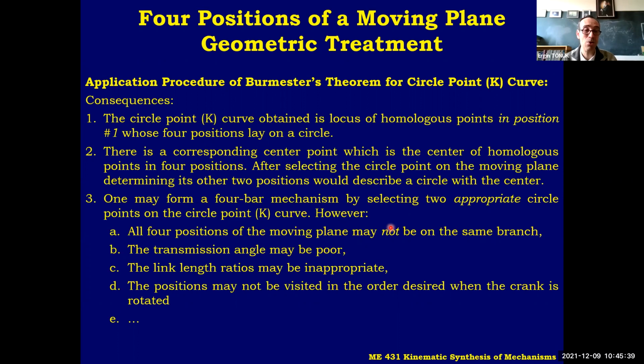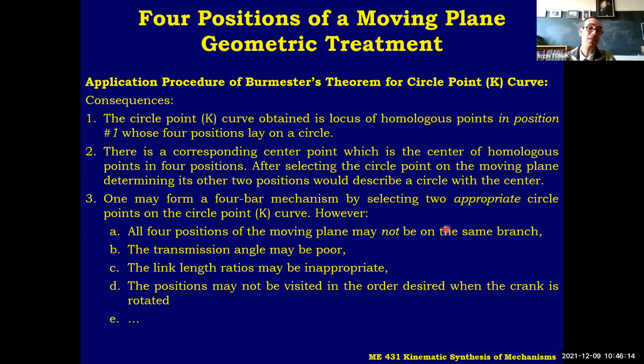In that case, of course, the best check is to see if all 4 positions are on a circle whose center is the center that you have designed. If that's true, then it is the branching problem, which is the pain in the neck in all synthesis, including 2 positions as well, okay? You may encounter this trouble in all synthesis problems, but the possibility of it occurring increases as you increase the number of positions.